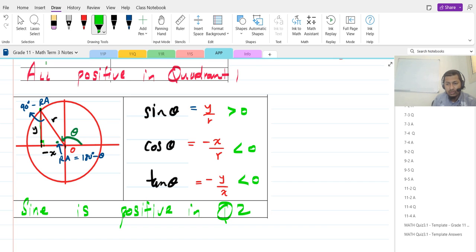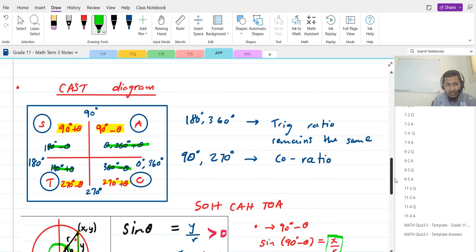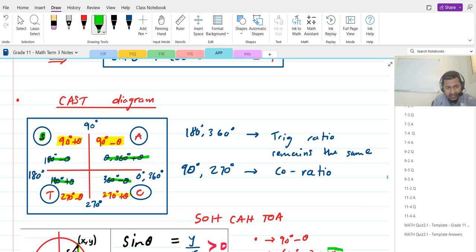So as we see here in the CAST diagram, that's the reason why we have an S there, because only sine and cosec are positive. Over here obviously all is positive. Over here similarly we're going to derive for tan, where tan and its reciprocal ratio, which is cot.